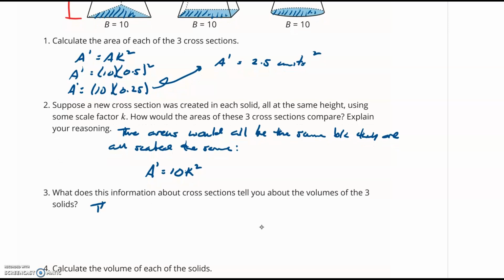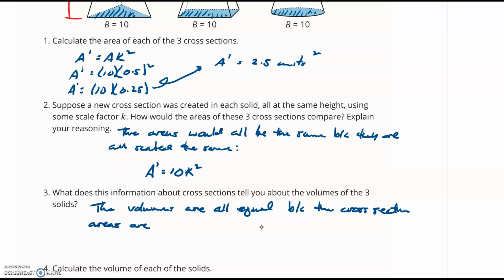The volumes are all equal, because the cross-section areas are all equal at the same height.